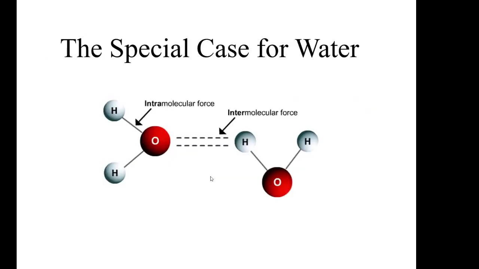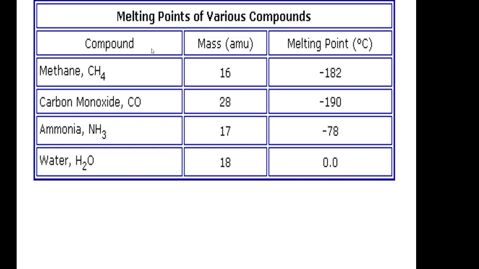Let's talk about water a little bit here. Again, just a note here, the difference between intramolecular forces and intermolecular forces. Don't get those confused. All right, so let's compare some melting points of various compounds. We've got our compound, our mass in atomic mass units, and our melting point.